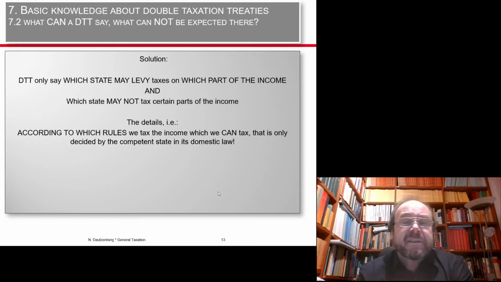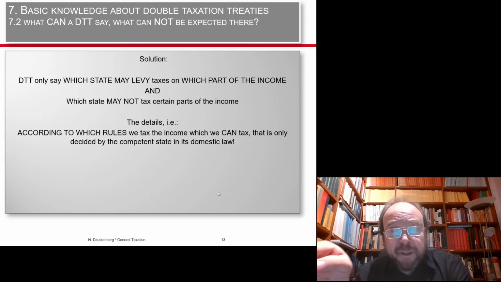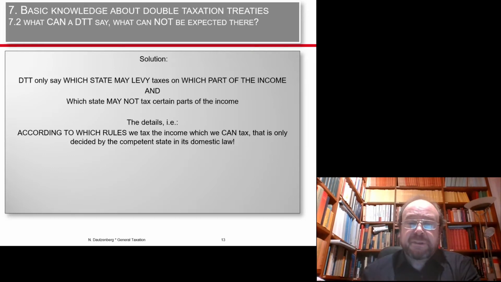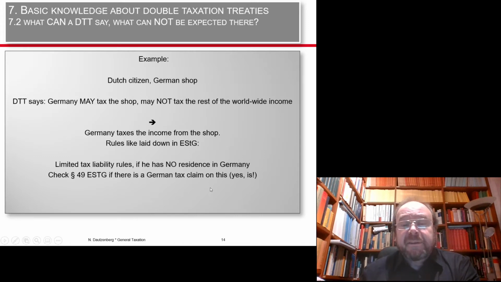All these DTTs say German law applies, and German law now says 20% for everybody without any exception. So that's then flexible enough. That's the reason for that mechanism.